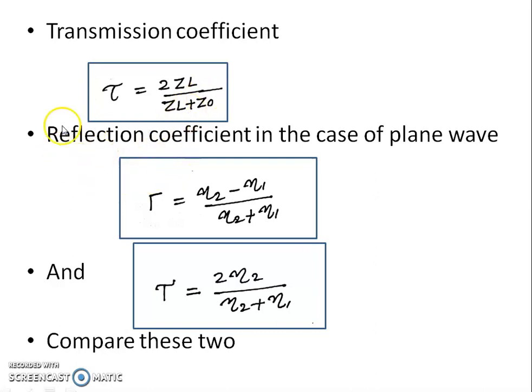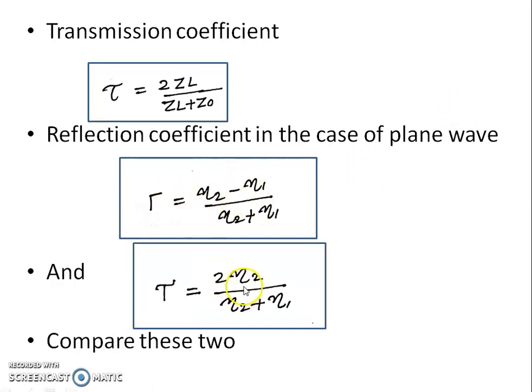Next we find the reflection coefficient in the case of a plane wave. In the case of a plane wave, the reflection coefficient gamma is equal to (eta 2 minus eta 1) divided by (eta 2 plus eta 1), and the transmission coefficient tau is equal to 2 eta 2 divided by (eta 2 plus eta 1). Here eta 2 is the intrinsic impedance of the second medium, and eta 1 is the intrinsic impedance of the first medium.